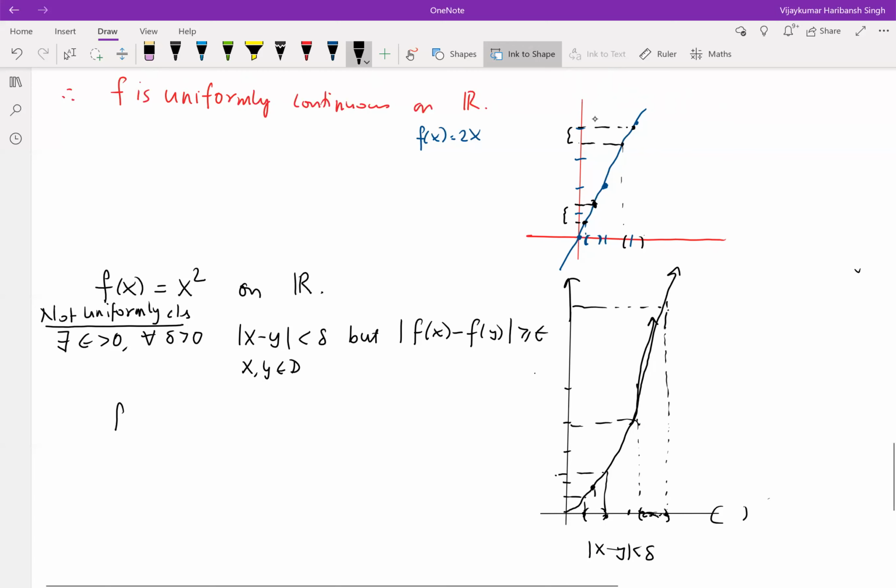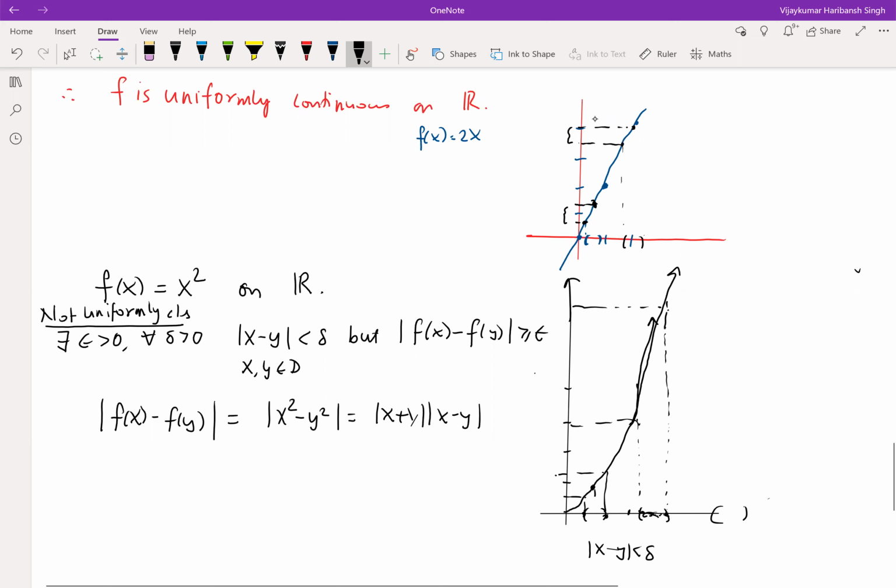So let's investigate this. What does f of x minus f of y look like? f of x minus f of y is going to be x squared minus y squared, which is x plus y times x minus y, right?